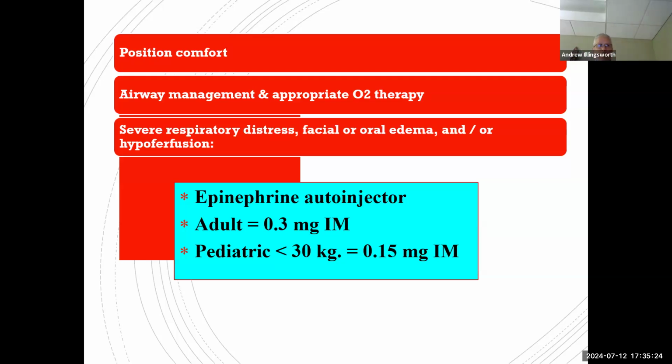Pull out the EpiPen, the Epi auto injector, which an adult dose for that is 0.3 milligrams intramuscular, and a pediatric dose that is less than 30 kilograms is 0.15 milligrams IM. Do not hesitate. This is a life-saving moment.